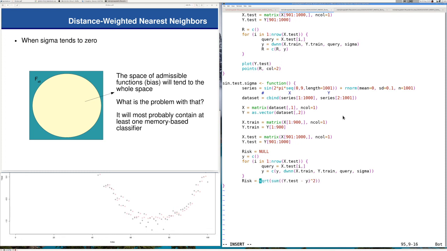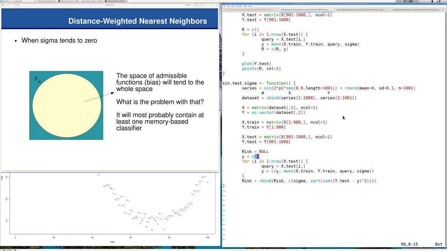And I'm going to bind around rows, and I will save up which is the sigma that provided the following risk. And I will plot sigma versus risk.